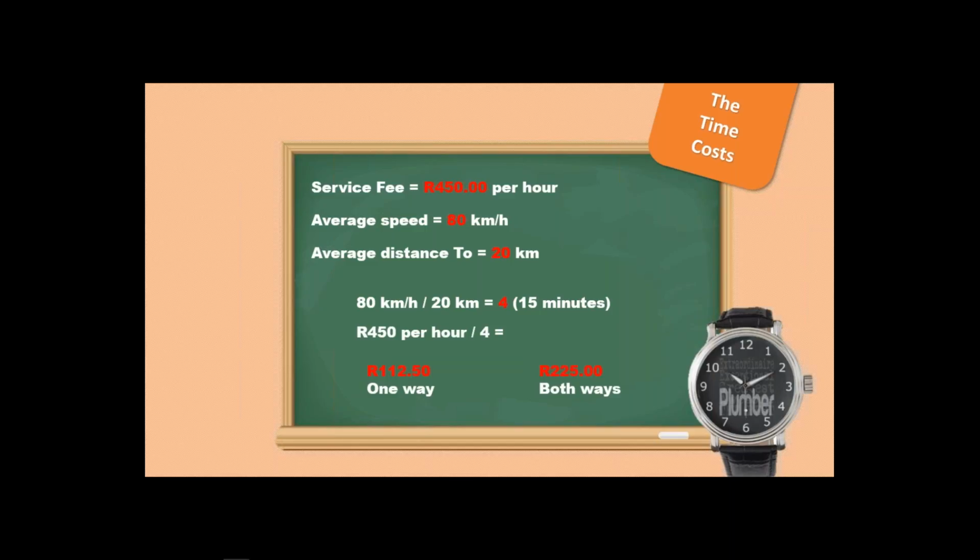So if we take the 450 Rand an hour divided by 4, one way is going to cost me 112 Rand, and the other way back is 225 Rand. That's an actual cost that I have to recover, either by doing an actual job or by recovering the cost by driving up and down to a client.